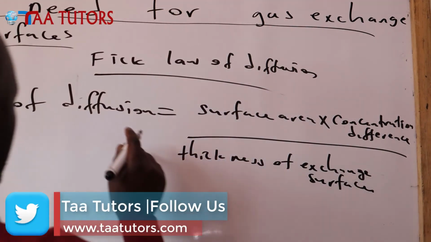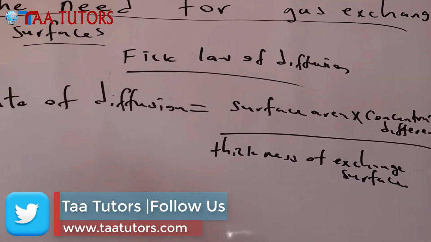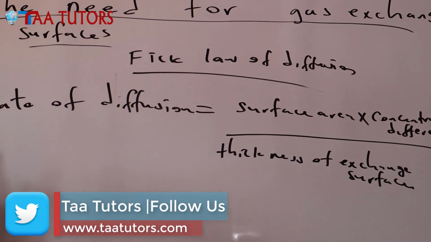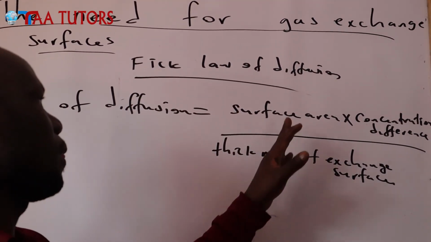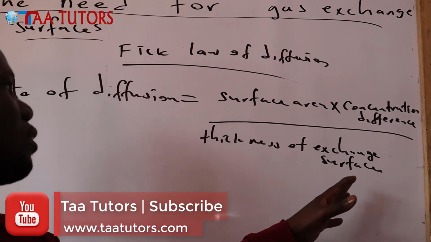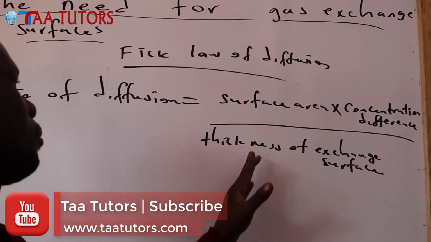This gives us the rate at which the molecule is diffusing. So the rate of diffusion is given by surface area times the concentration difference divided by the thickness of the membrane.